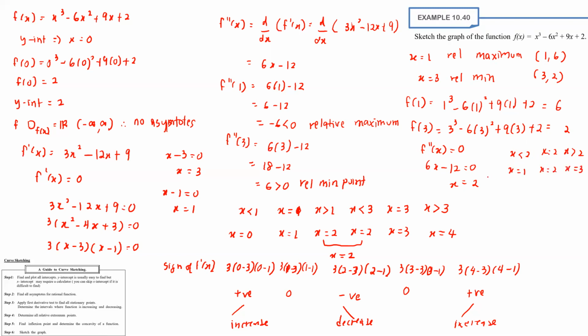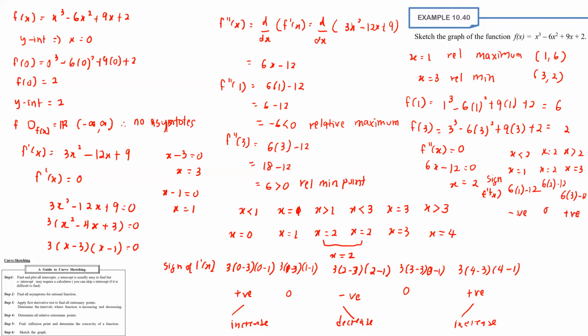So f double prime x is equal to 6x minus 12: 6 times 1 minus 12, 6 times 2 minus 12, and 6 times 3 minus 12. So this one is a negative value, 0, and a positive value, right?